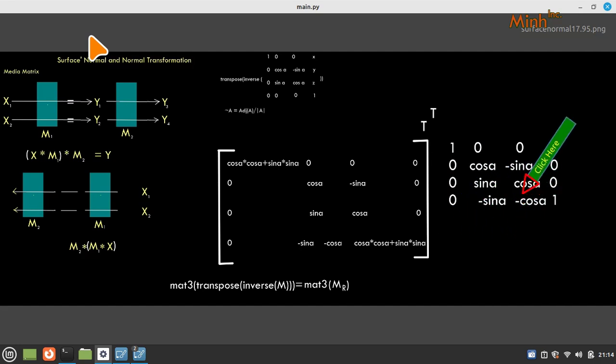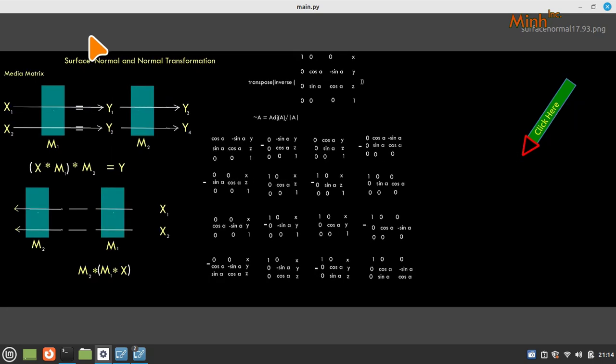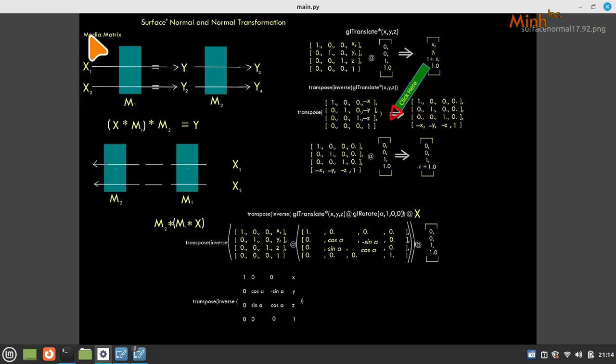And then others. So this is the net matrix I am getting after transpose and inverse. For the simple translation, if I do transpose and inverse, I get this as the net matrix.